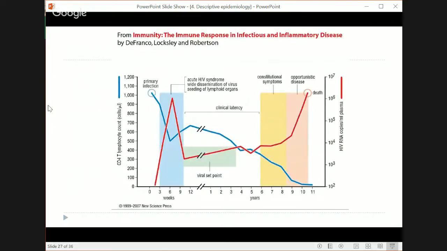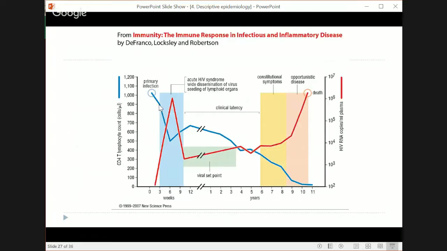Okay, and this image is sort of showing you the exact same thing I just talked about. So this blue box right here, this is primary infection or acute infection, right? It's lasting, well, they've got it out to 9 weeks. The reason they have it out to 9 weeks is that we usually can't detect HIV for the first, now it's actually down to less than 3 weeks, but this figure is from more than a decade ago.